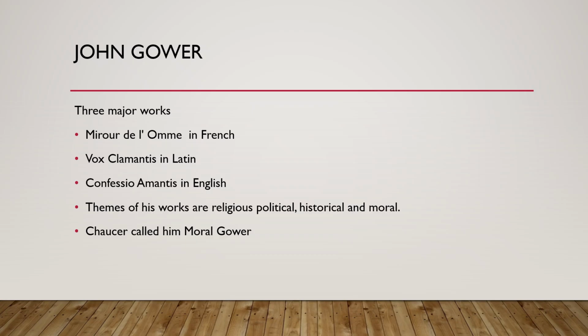Gower sides with the aristocracy. Other books decry the sins of various classes of the social order, such as priests, friars, knights, peasants, merchants, and lawyers. As Gower admits that much of Vox Clementis was borrowed from other authors, Macaulay calls it schoolboy plagiarism.